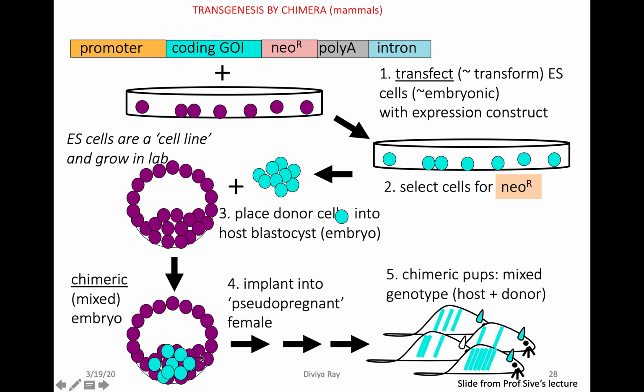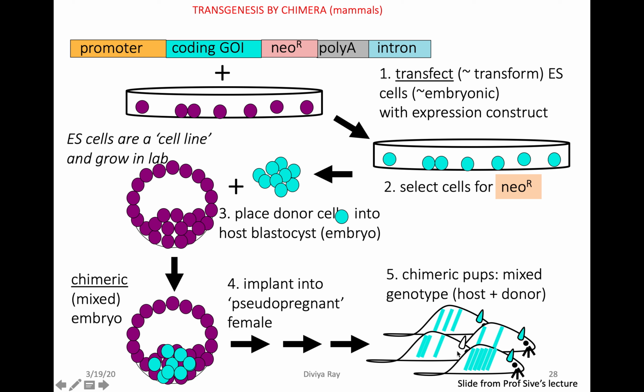You insert the changed embryo into a pseudopregnant female and let it develop into the pups over here. So the cells that will originate from these inserted green cells will likely have a genotype different from the cells of the original embryo, which are shown in purple.